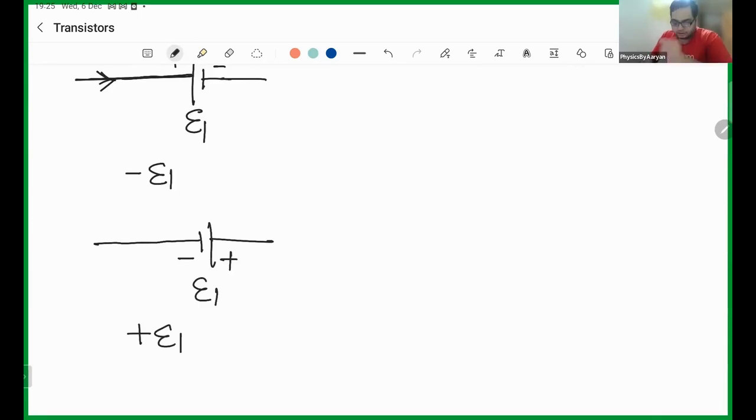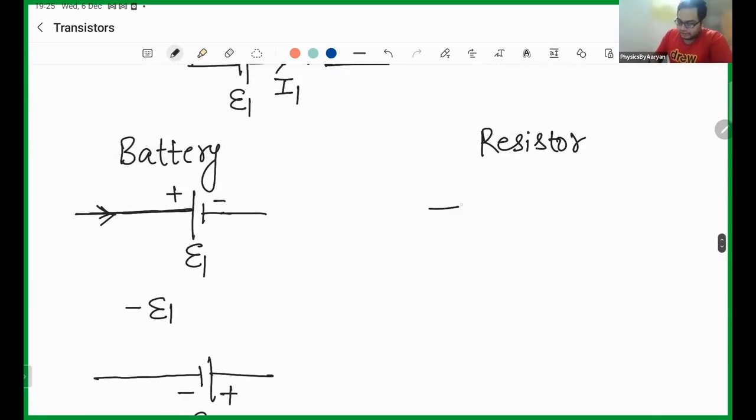Okay. Now, what about the resistor? In the resistor, what is the potential across the resistor? Let's say the resistor value is R and the current through the resistor is I. Then the potential across this resistor will be V equals IR. If you are moving in the direction of current, will you apply positive or negative?